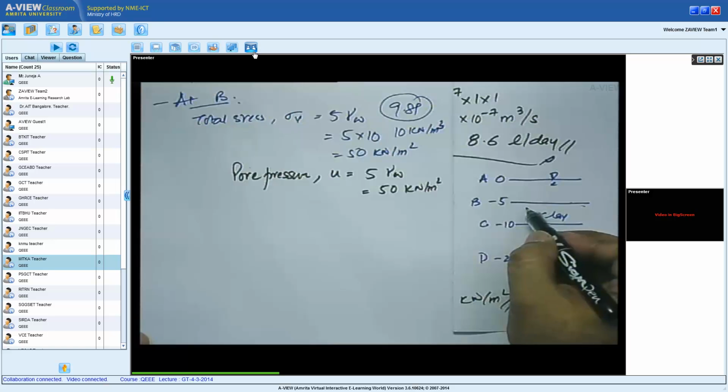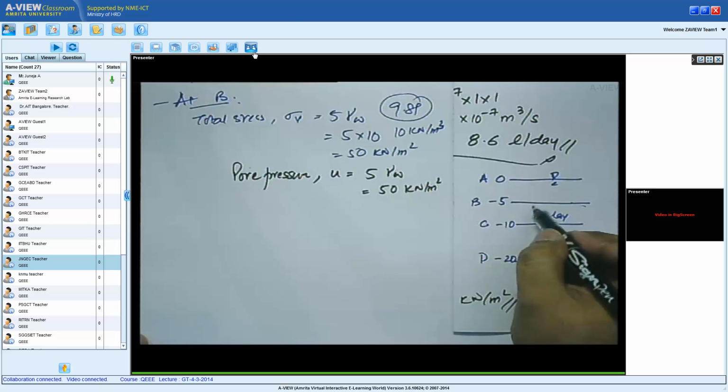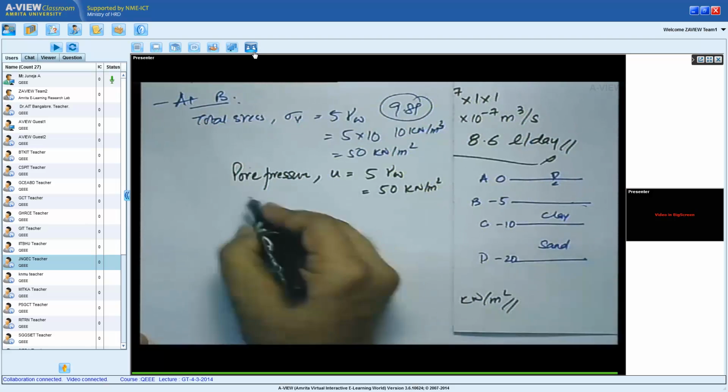Because at this level all head has been lost. Starting from there, there was an additional head, 5 meters, was it 5 meters? Yes, it was 5 meters. So all the 5 meters has been lost from there to there. So there is no additional seepage head.